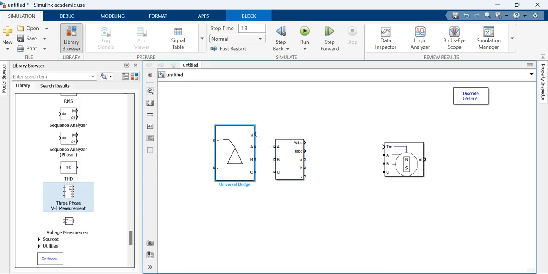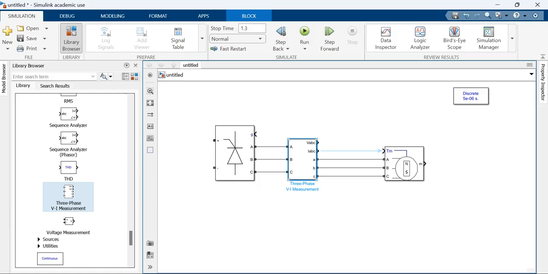So let me have a connection between all these three. And similarly from this A, I connected to the motor A, B and C. So I connected everything. And this is a simple measurement to measure the current and voltage taken by the motor and fed into the motor.